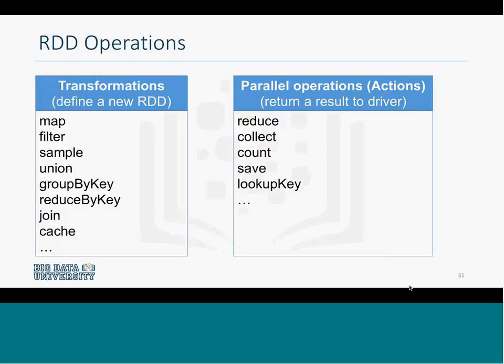So we call it one transformation. In the second transformation, maybe if there are some capital letters, you convert them to lowercase. So you have to create another RDD, which is another transformation. And at the end, if you want to do some action, for example, count how many address books you have, that is one action.